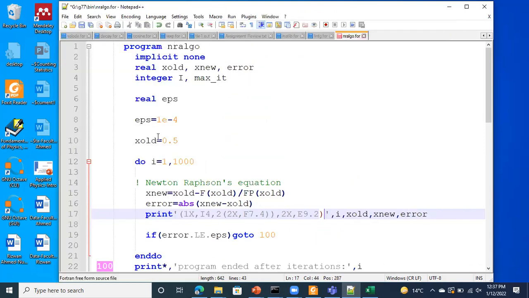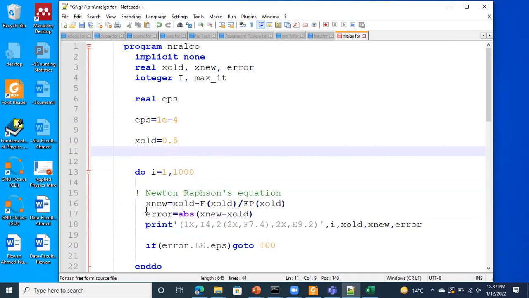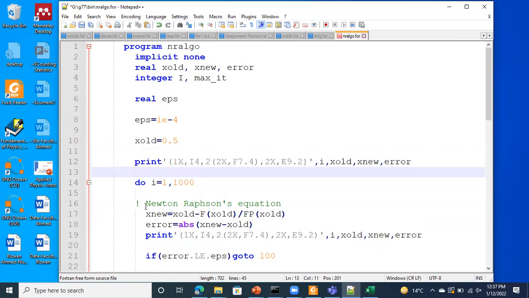To make a title for it, okay, this parenthesis seems to be extra. To write a print title, write outside the loop a title statement.